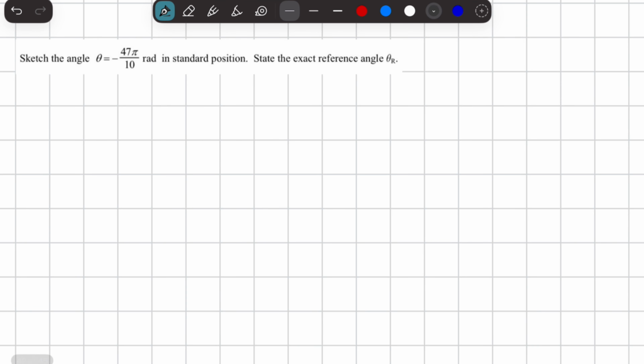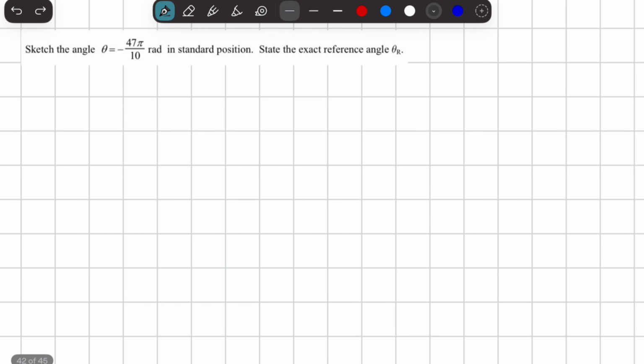Okay, next question is the same idea, but now we're going to be doing it for a negative angle, and we'll also have it in this form instead of just a whole number. So let's go ahead and do that. We know that 2 pi is 360 degrees, but an easier way is that you could just do pi. So pi is going to be 10 pi over 10, and we can see how many times the 10 goes into 47.